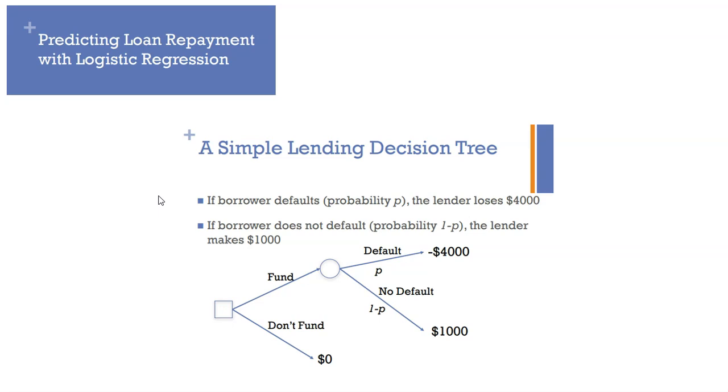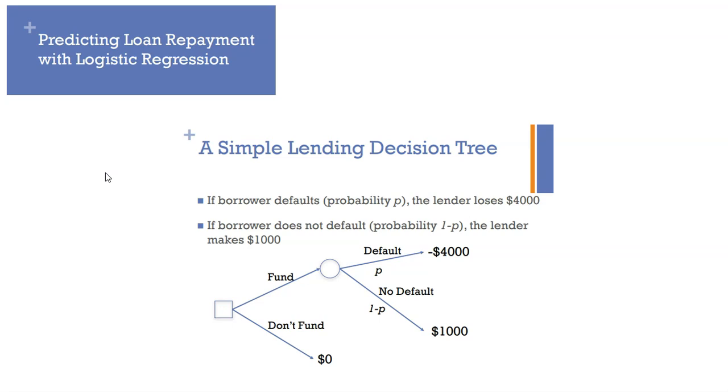We're going to go over a simple example, and I will show you on PowerPoint how to interpret it, and then later I will show you in JMP how to get results and interpret the results for yourself. The example we'll work on is predicting loan repayment with logistic regression.